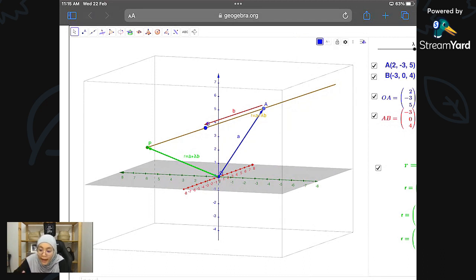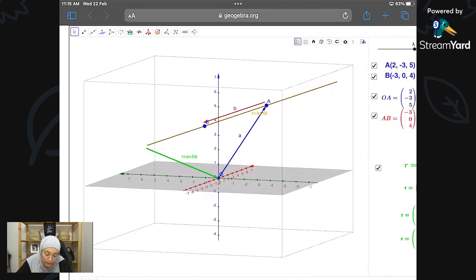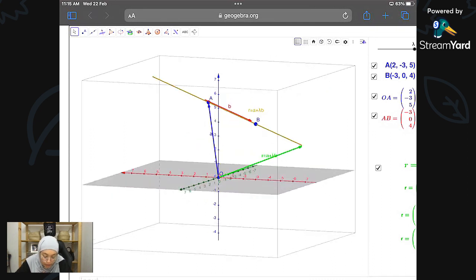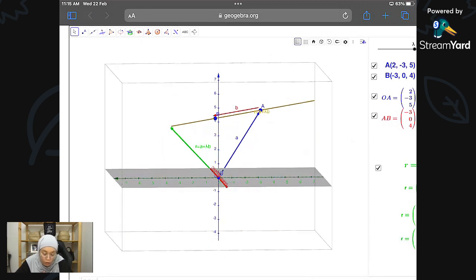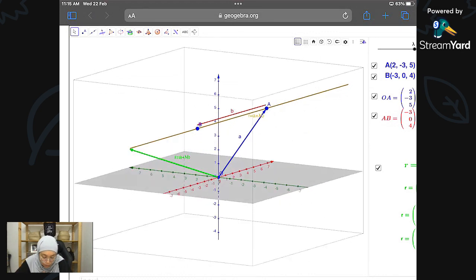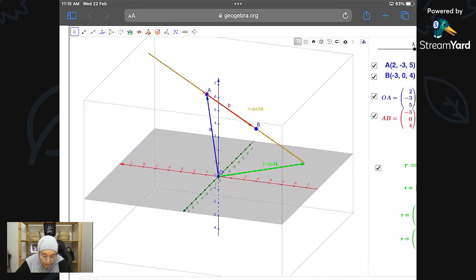Dalam paksi X, paksi Y, dan paksi Z. Ini adalah lukisan 3D. Okay, lukisan 3D ini hanyalah nak menunjukkan pada you all bahawa every vector, every point got a direction from origin. Itu je purpose saya tunjuk benda ni. So the purpose is just to show you that yalah bentuk inilah.